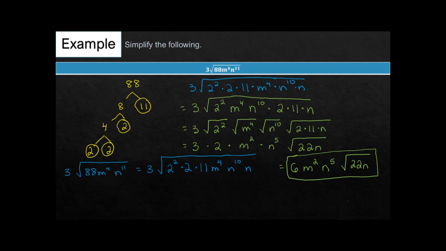We got the 88 down to a 22, and we're able to pull things out so they're in front, which are easier to work with. Are there any questions? Okay.